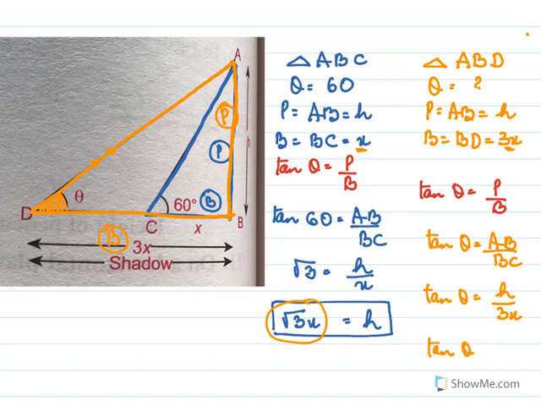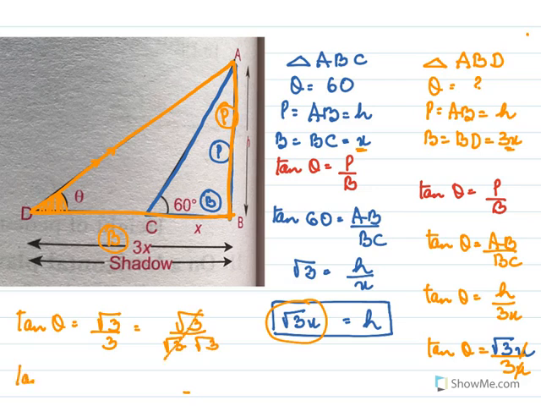So we have tan theta equal to root 3 x over 3x. So tan theta, x and x cancel, root 3 over 3. This is root 3 over 3, which is root 3 into root 3, so this cancels out. So tan theta is 1 by root 3.